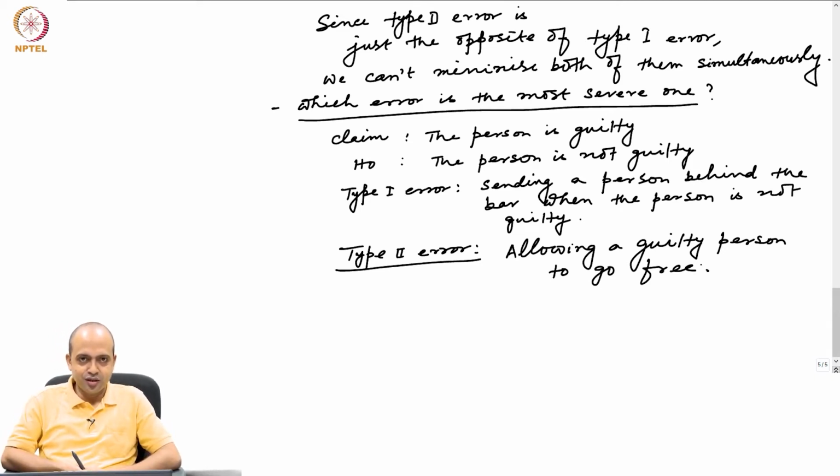So, what is type 2 error then? Allowing a guilty person to go free.